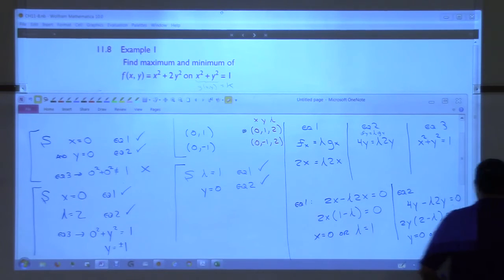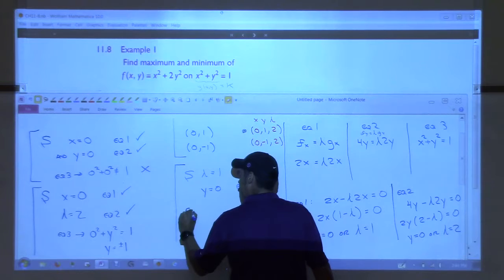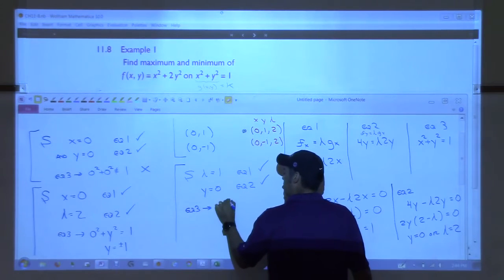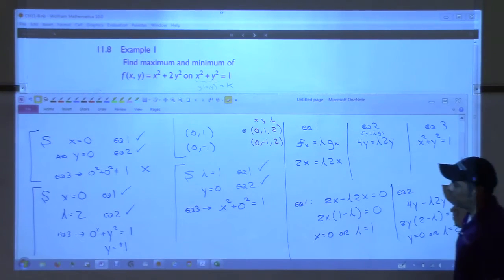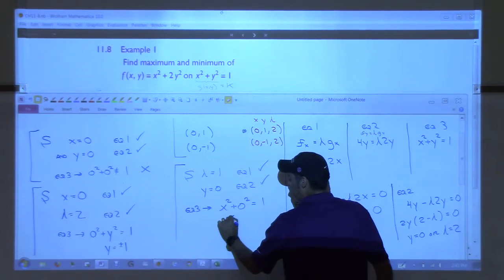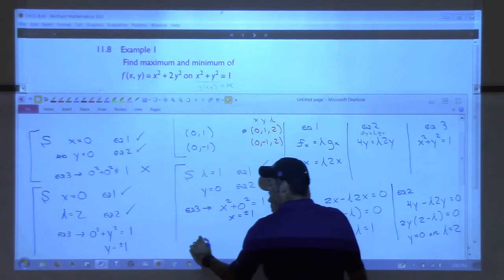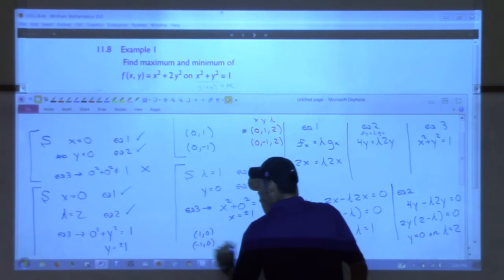And then from that, we can go to equation 3. And that will tell us that x is free this time, y is the one that's fixed at 0, and we can solve that for x, and we get 2 answers here, plus or minus 1. So in terms of an ordered pair, we have 1, 0 this time, and negative 1, 0.